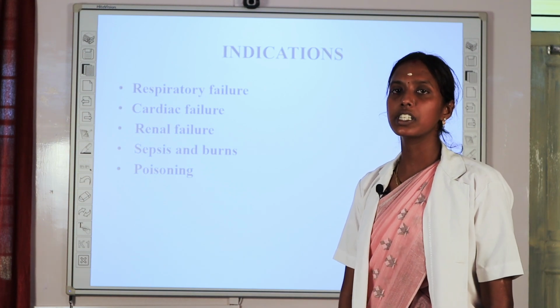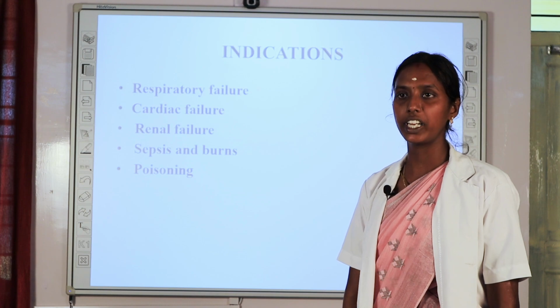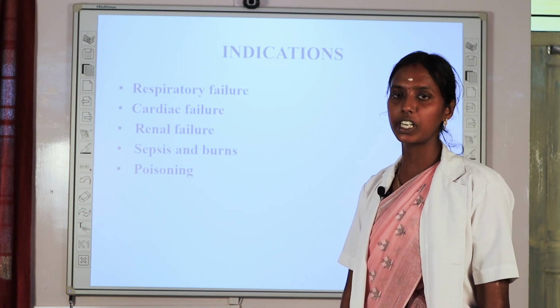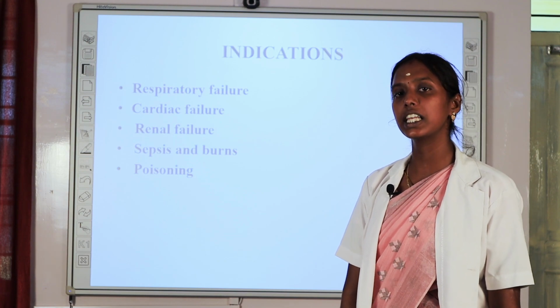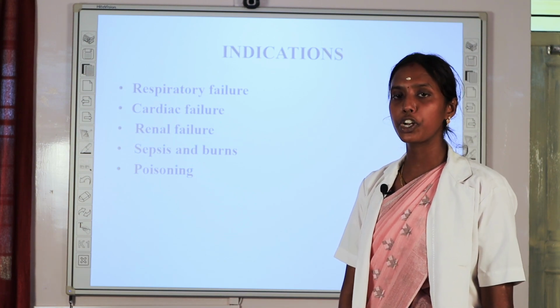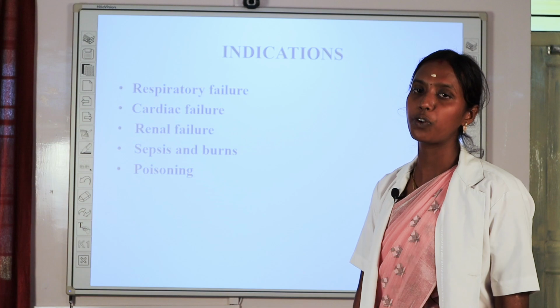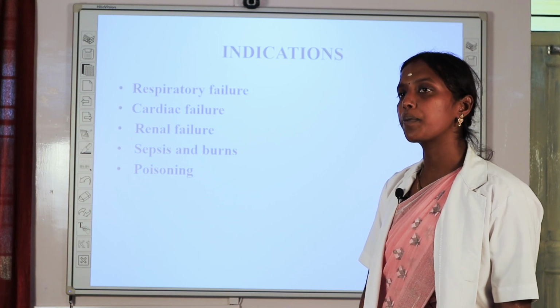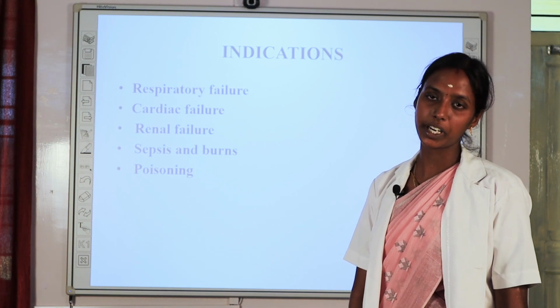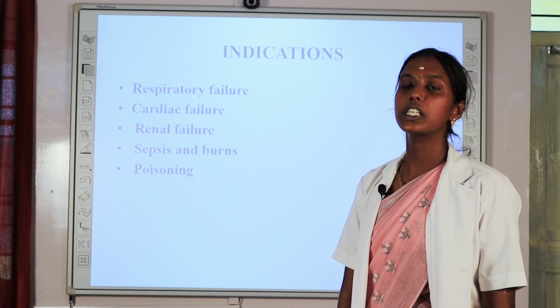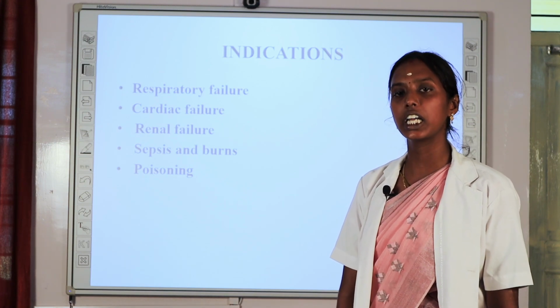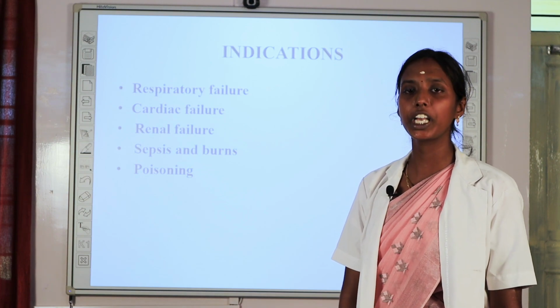In case the patient is having type 1 respiratory failure, we call it hypoxemic respiratory failure. When you assess the ABG analysis in that case, the partial pressure of O2 is decreased for that patient. Or in case the patient is having type 2 respiratory failure, that is hypercapnic respiratory failure, the PaCO2 level is greater than 45 mmHg.